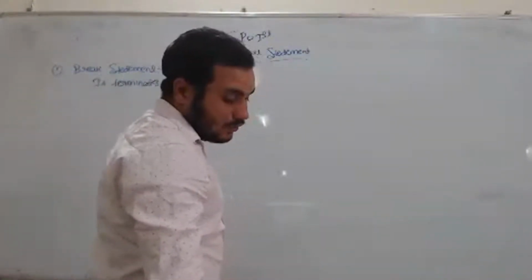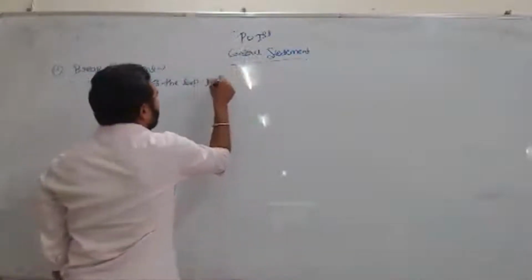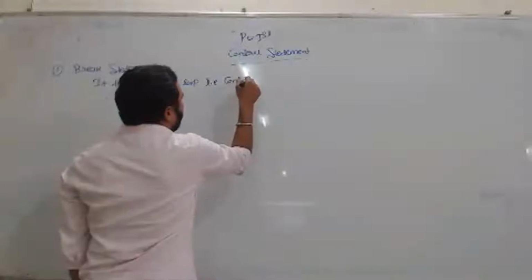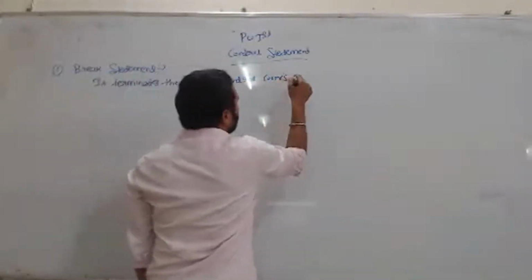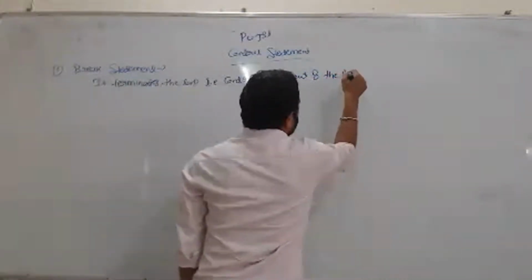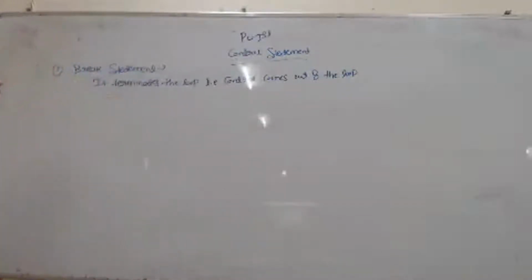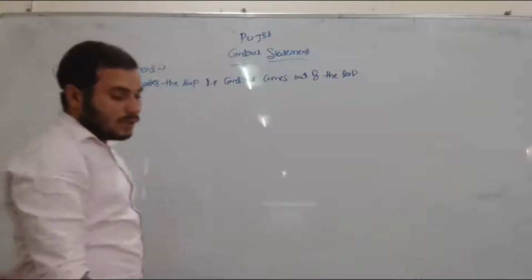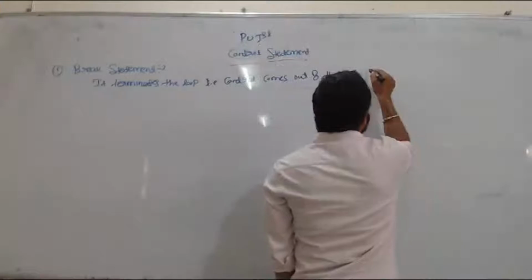That is, control comes out of the loop. Right? The loop will be terminated here. That is, control comes out of the loop and executes the next statement.